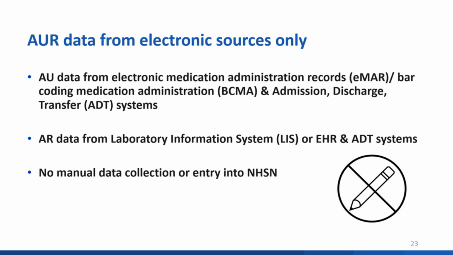So that is our ADT systems. AR data is from the Laboratory Information System, or the LIS, or the EHR, and the admission, discharge, and transfer systems. And it's very important, in fact, the most important thing to know, that there is no manual data collection or entry into NHSN for AUR. Next slide, please.